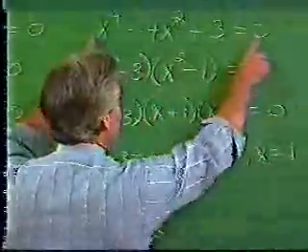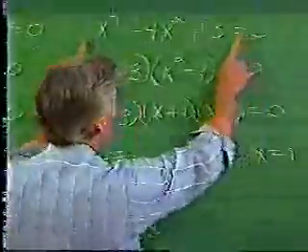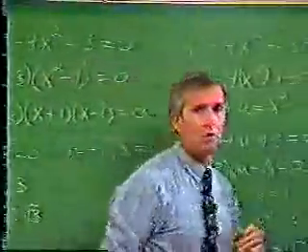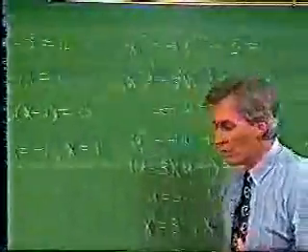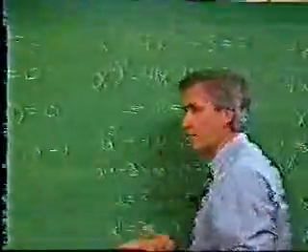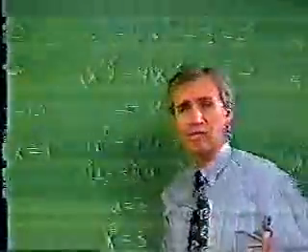Now, let's take the same equation and rewrite it over here and look at it in a somewhat different way. What we want to do is write this fourth degree equation in quadratic form. Notice this sort of clever way of rewriting this. X to the fourth we think of as x squared squared.